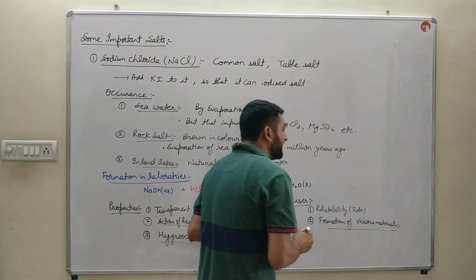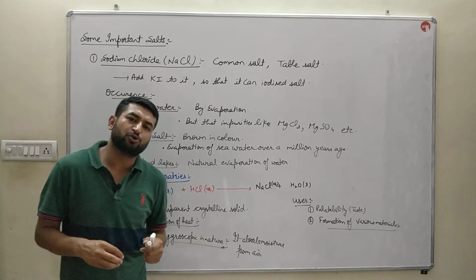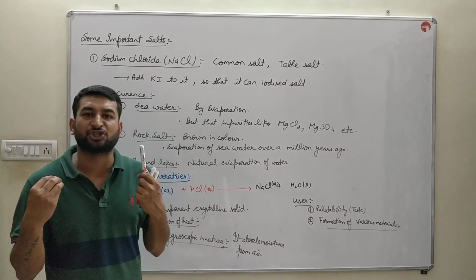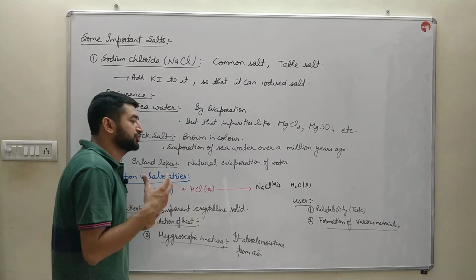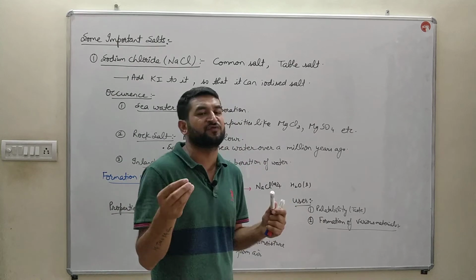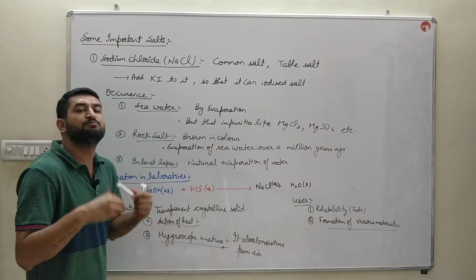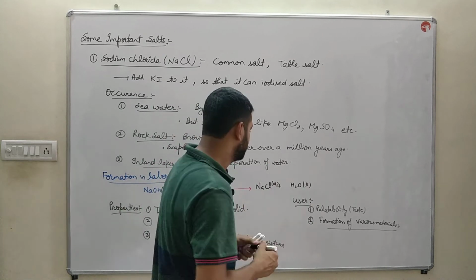NaCl is used to make caustic soda, that is NaOH. It is used to make baking soda, that is NaHCO3, sodium hydrogen carbonate. It is also used to make washing soda. So it is very useful in the formation of other useful products like caustic soda, baking soda and washing soda, that we will discuss in detail.